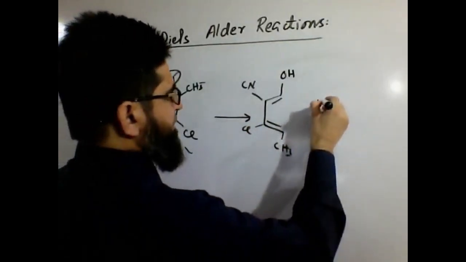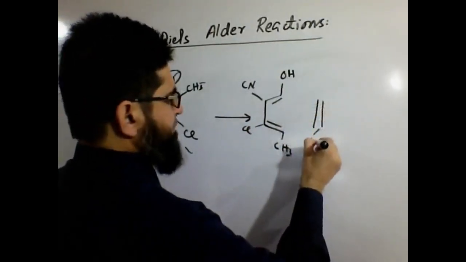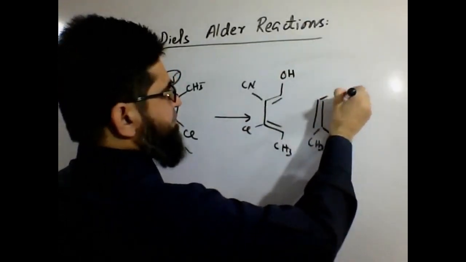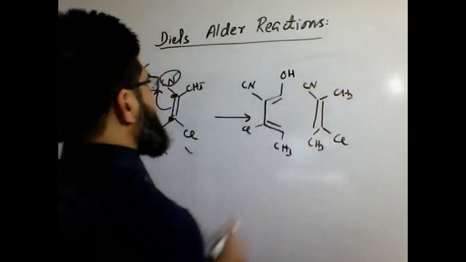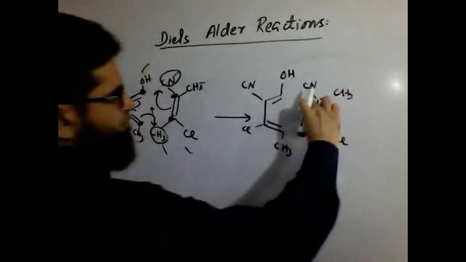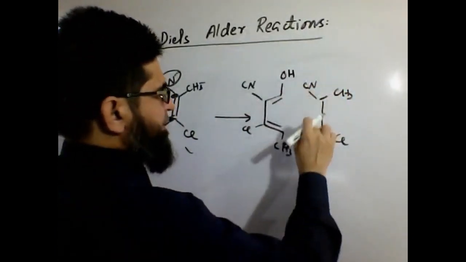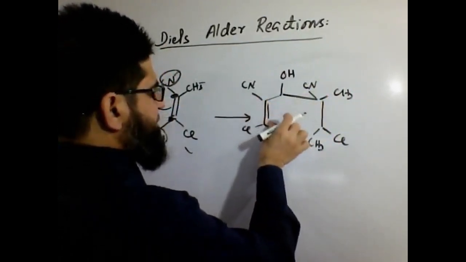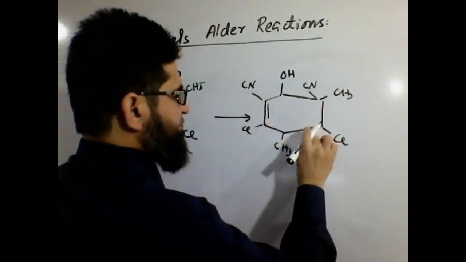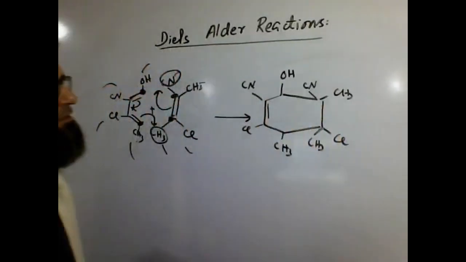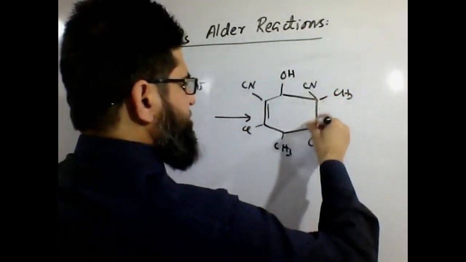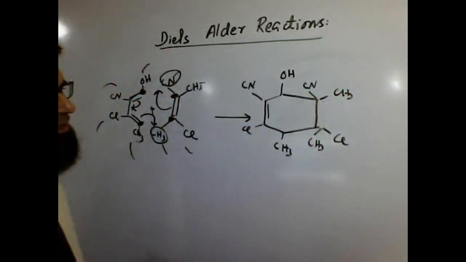The other one carries CH3, the chloro, and then carries cyanide. So what happens then? This moves here, so I can make the bond over here. This moves in this direction and this moves in this direction. So CH3 just sits like that. So we have a 6-membered ring over here.